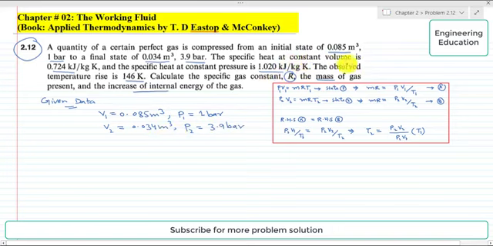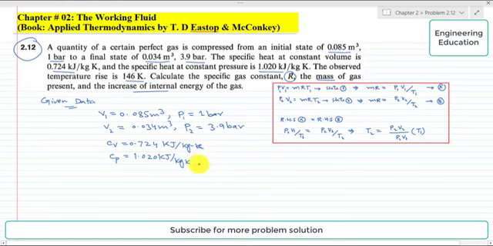Specific heat at constant volume, that is the value of Cv, is 0.724 kilojoule per kilogram per Kelvin, and the value of specific heat at constant pressure, Cp, is equal to 1.020 kilojoule per kilogram per Kelvin.